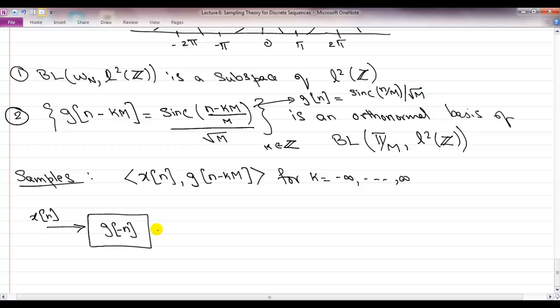You simply filter it with the time reversed version. In this case, the minus n doesn't matter because it's symmetric around 0, so I could have just written filter it with g[n]. Then you simply sample at a rate of every m samples. These are your samples, which I will call x tilde d of n.